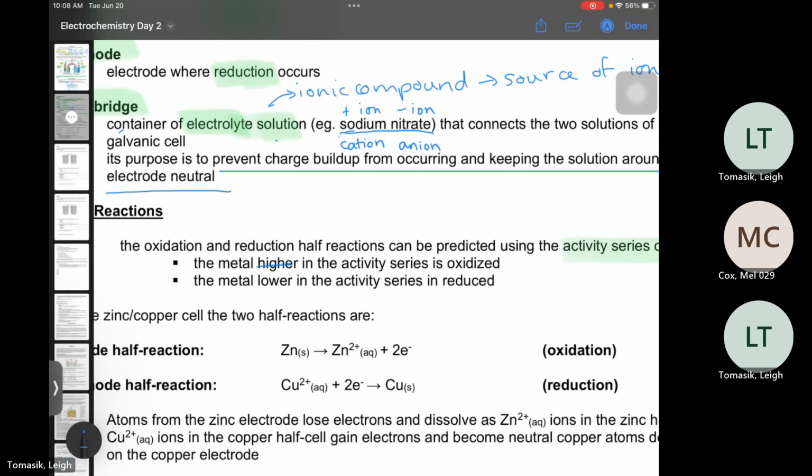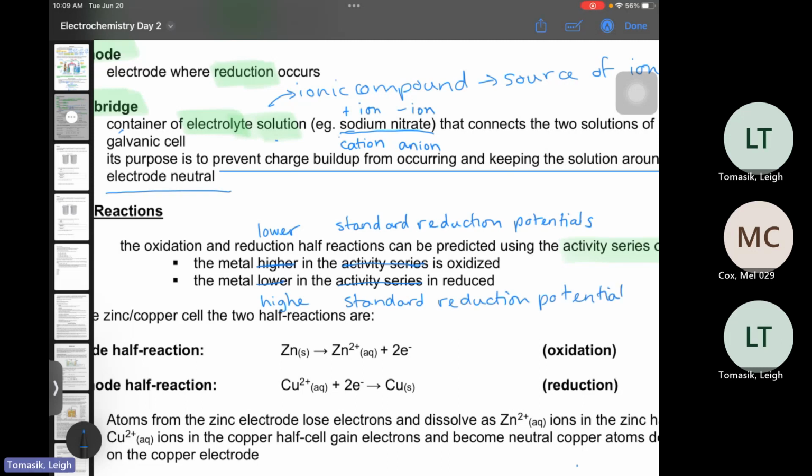So the metal lower on the standard reduction potentials is oxidized, and the metal higher on the standard reduction potentials is reduced.